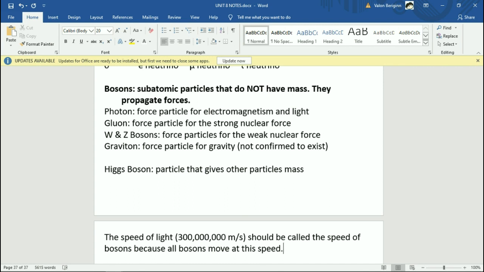So what this means is that photons, gluons, W and Z bosons, gravitons, and presumably the Higgs boson, they all move at the speed of light. So the corresponding forces also move at the speed of light. In other words, gravity moves at the speed of light. So, for example, what if the sun were to disappear right now?